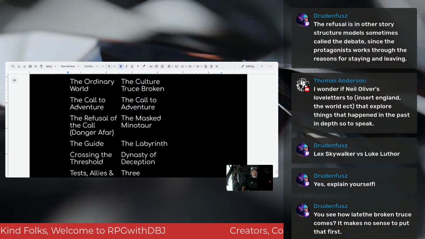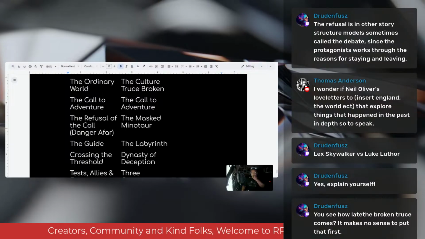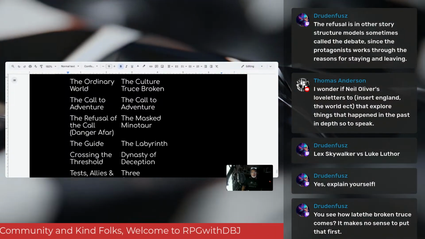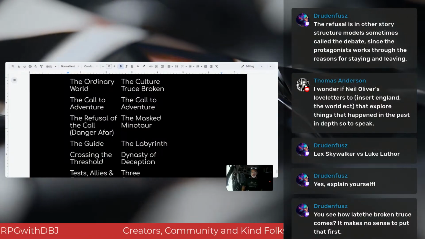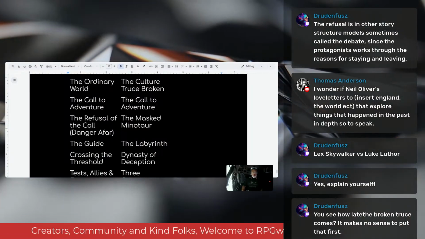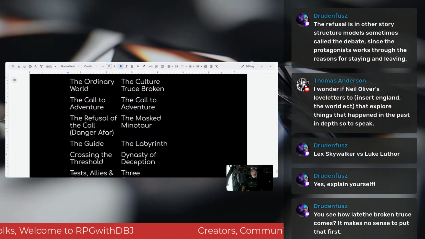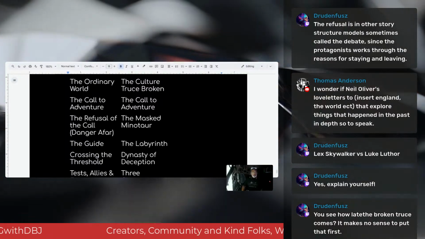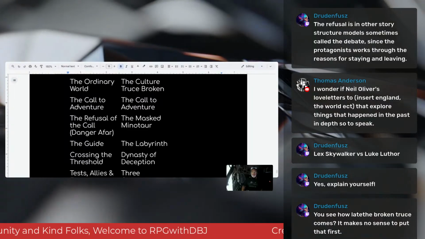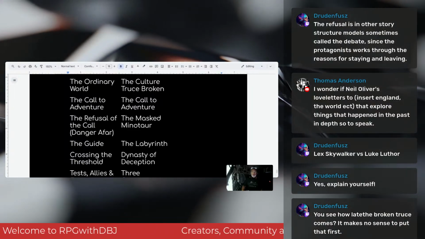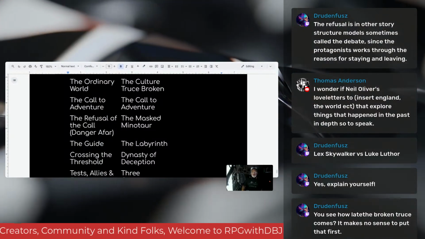The role-playing game that uses this that I know of off the top of my head very often is Vampire the Masquerade and the White Wolf style games, where our characters know who's the bad guy, but they really don't have the ability to challenge them up front one-on-one, because if they do so, they're going to get crushed by the society, right? The Masked Minotaur is like, I'm going to use the rules against you.